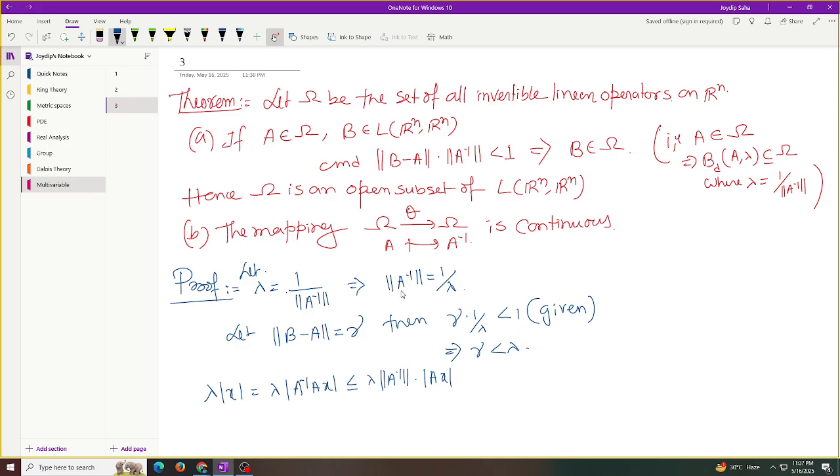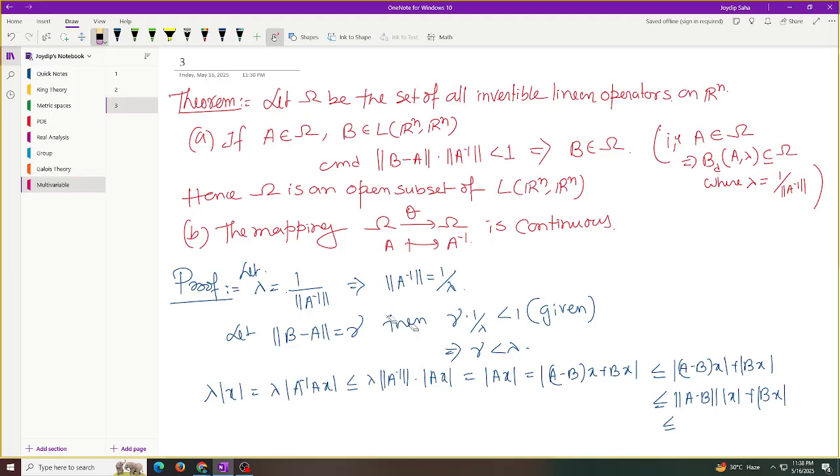So lambda into norm x is lesser equals to norm A x.